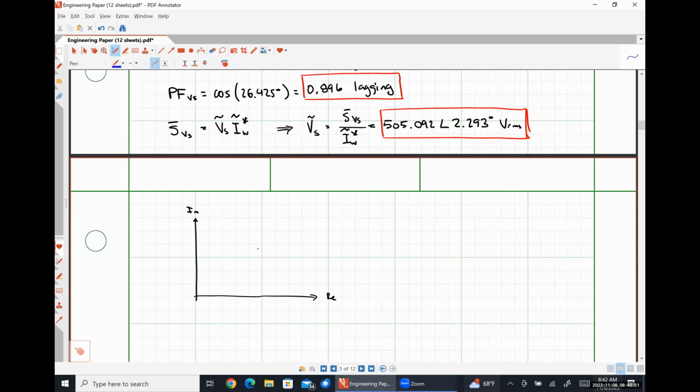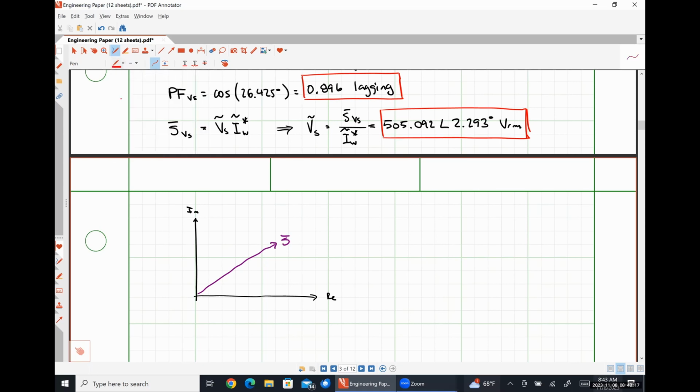And let's do it in purple. This is our complex power, either absorbed by our load or supplied by our source, whichever way we care to look at things.